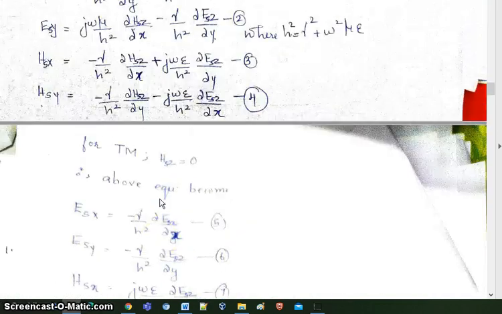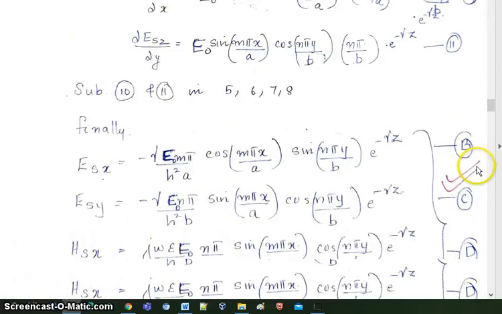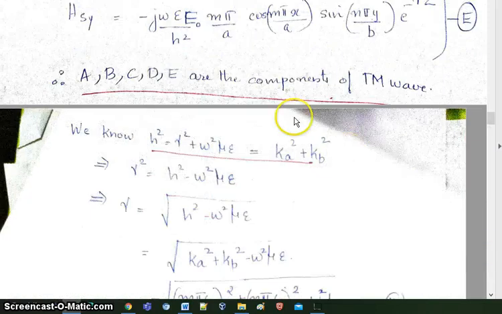A is this one, then B, C, D, E are the components of the TM wave.